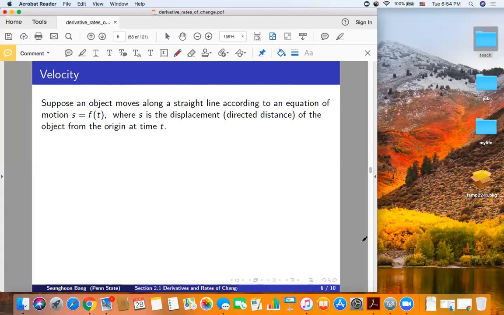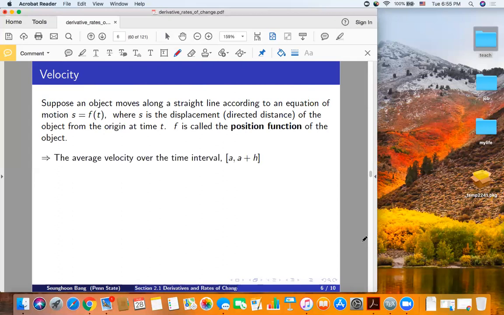Displacement is the directed distance of the object from the origin at time t. F is called the position function of the object. What is the average velocity over the time interval a to a plus h? So I use displacement over time. So how can we do that? We can use this one.